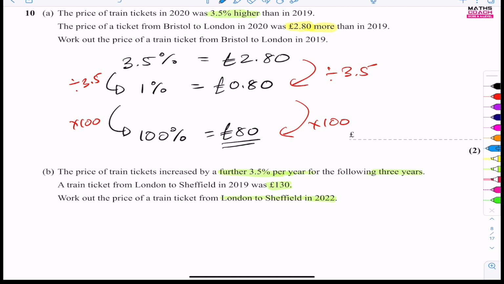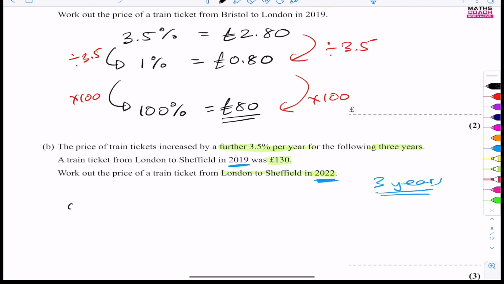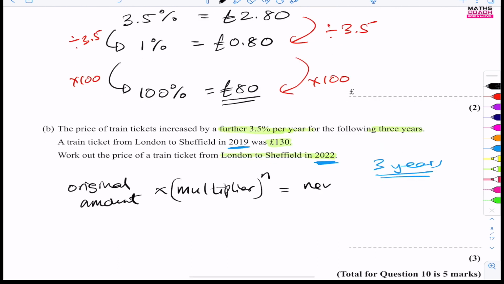So from 2019 to 2022, how many years is that? That is a total of 3 years. So the formula that we're going to use, like I said, is original amount times by the multiplier to the power of n, because of compound interest, is equal to new amount. So the original amount is £130.